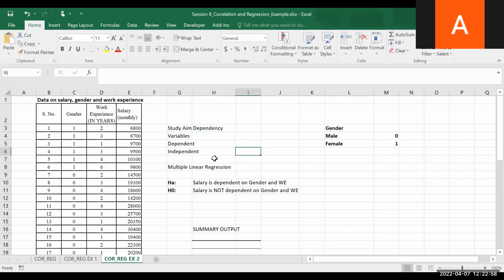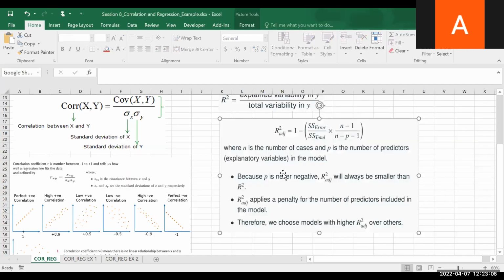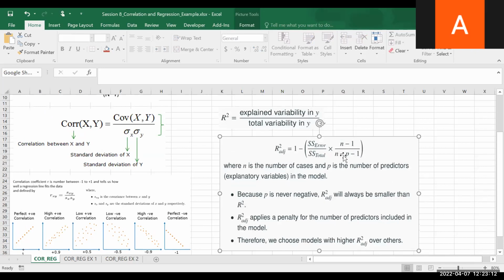Then how are we going to decide on that? Can you please repeat? If we are taking one variable, then the adjusted R square should come less, because when we are subtracting it from one, it is going to come less for one independent variable.